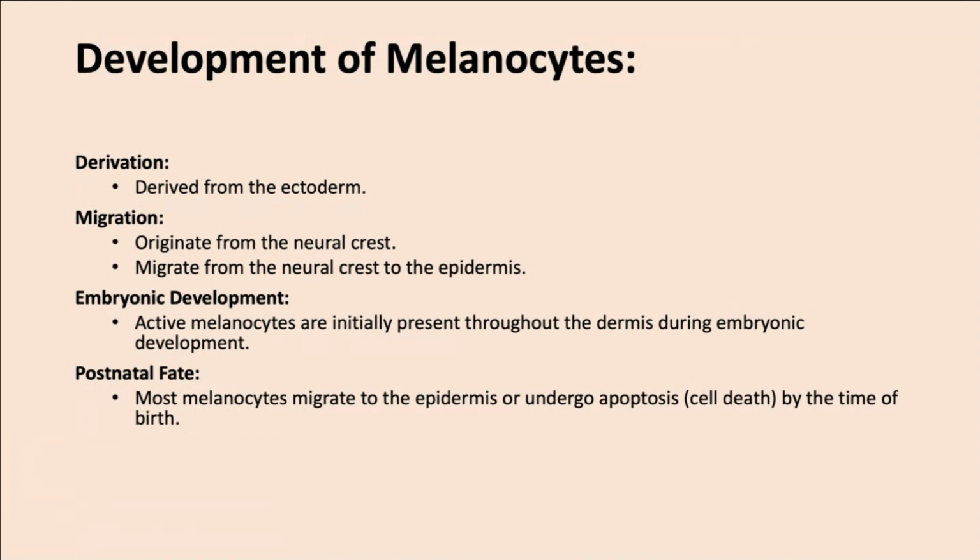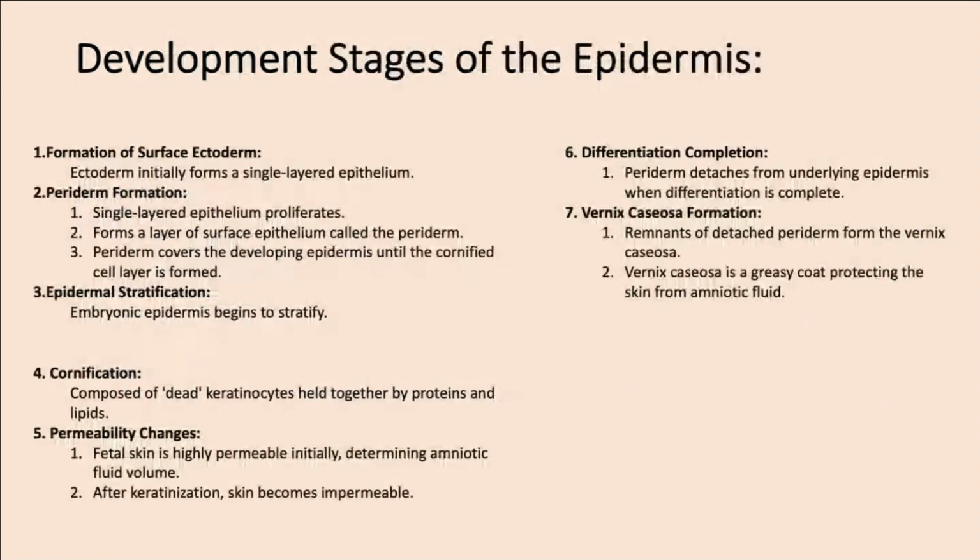So active melanocytes are initially present throughout the dermis in embryonic development in mammals, but then they're going to go up from the dermal layer to the epidermis. And some of them can go through apoptosis, so cell death, by the time of birth. And then, of course, the amount of melanocytes we have determines the amount of melanin that we will have. And of course, the more melanocytes somebody has, the more brown, or the darker, they would be.